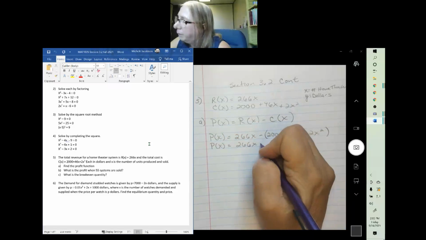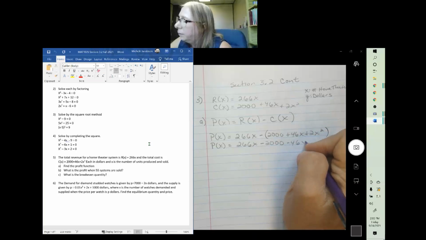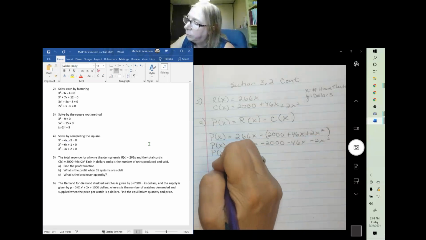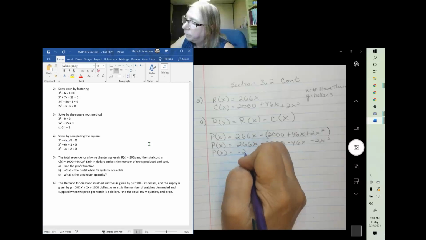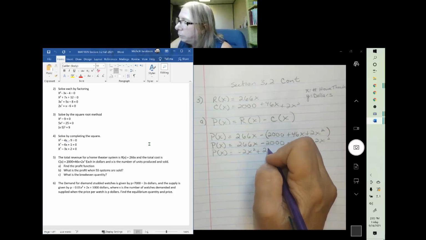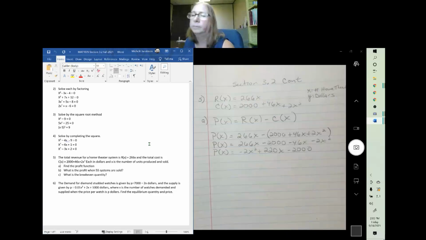Distributing the negative, we have a negative 2,000 minus 46X minus 2X squared. And then combine like terms. Negative 2X squared plus 220X minus 2,000. Any questions on the profit function?